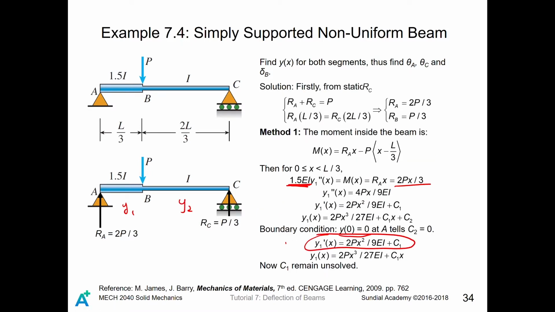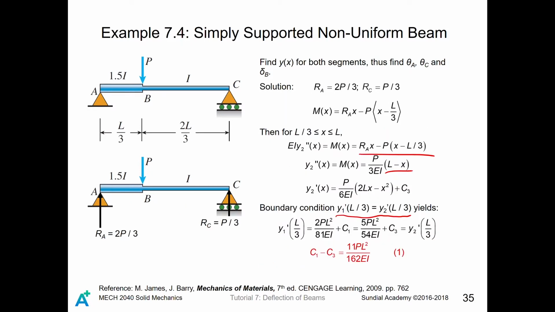We just substitute L divided by 3 into it, and for y2 prime we also substitute x equals L divided by 3. Then you will get such a relationship, and eventually you can write down the equation C1 minus C3 equals 11PL squared divided by 162 EI. So this is one of the equations left for us to solve.